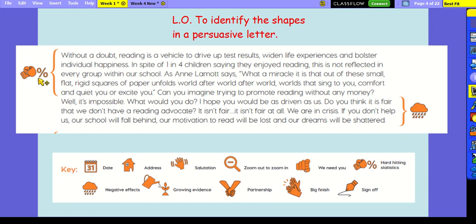In spite of 1 in 4 children saying they enjoyed reading, this is not reflected in every group within our school. As Anne Lamott says, what a miracle it is that out of these small, flat, rigid squares of paper unfolds world after world after world, worlds that sing to you, comfort and quiet or excite you.